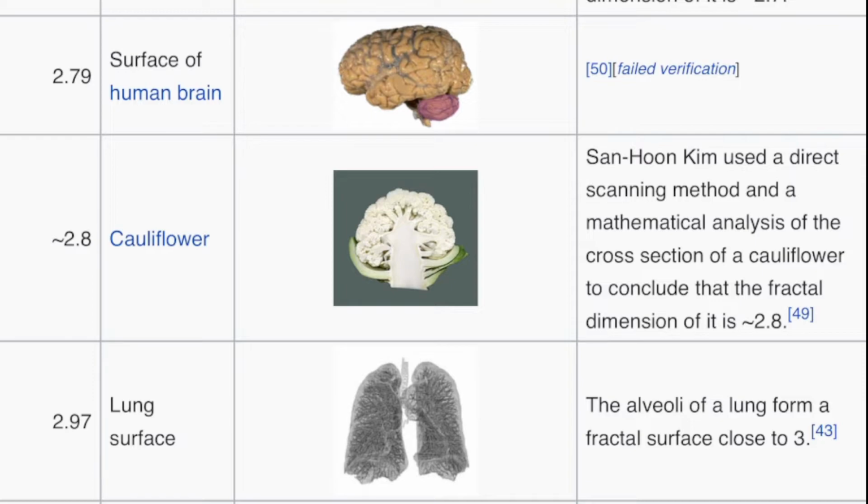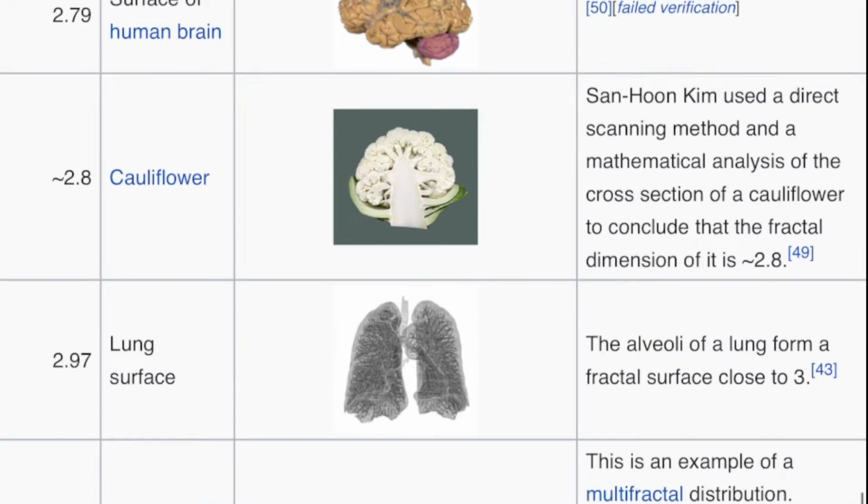Well, it's the fractal dimension. I mean, this says the surface of lungs is 2.97. That's almost 3. But they're talking about just the edge of your lungs. The fact that it's almost 3, I guess this is because, I don't know anything about the lungs, are they super wiggly or something?